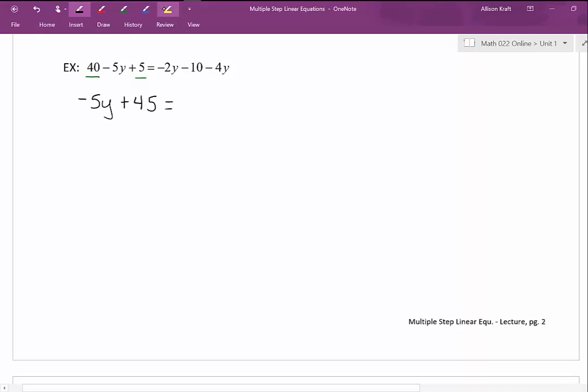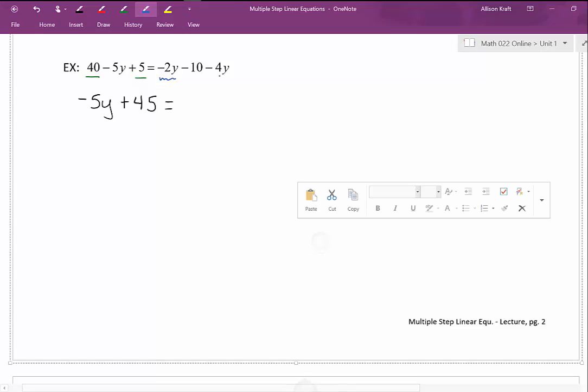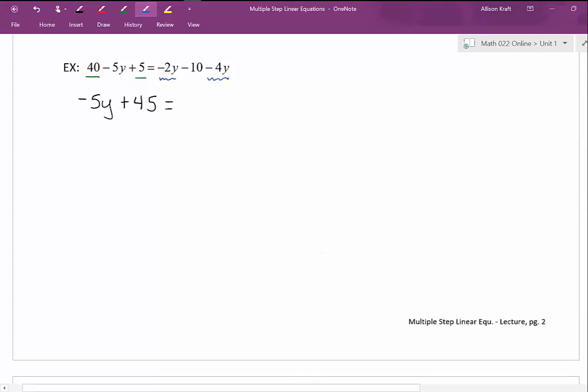And on the right-hand side, we have variable terms that can be combined, a minus 2y and a minus 4y. Combining those like terms, I get minus 6y minus 10.